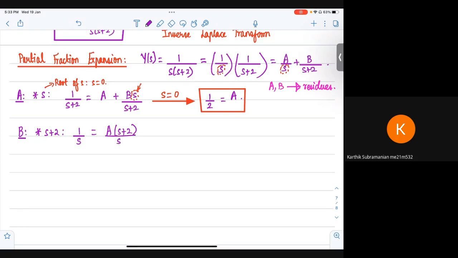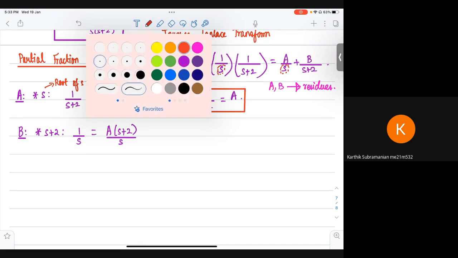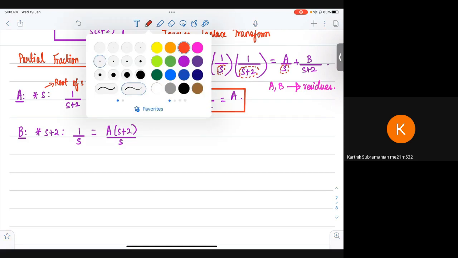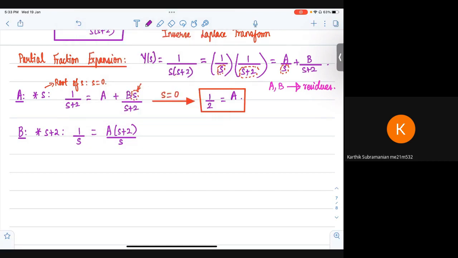That is what we will have as the first term on the right hand side. Now s plus 2 will get cancelled on the left hand side, since there is an s plus 2 term there. So we will get a multiplied by s plus 2 by s, plus b.